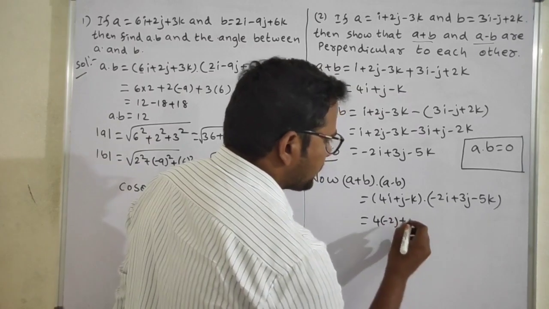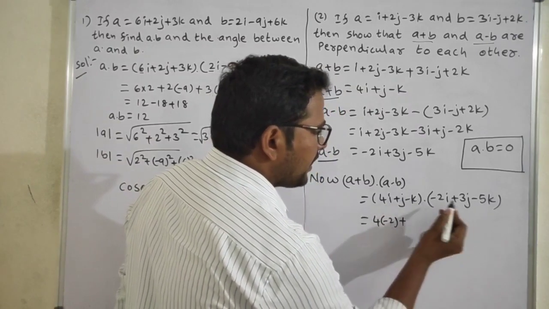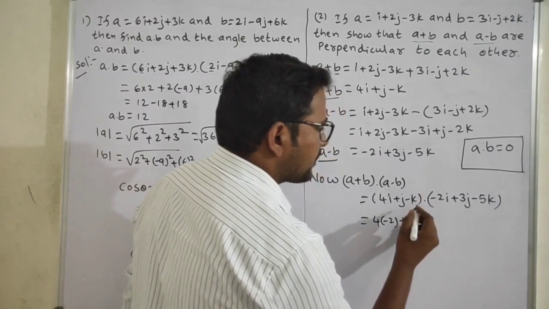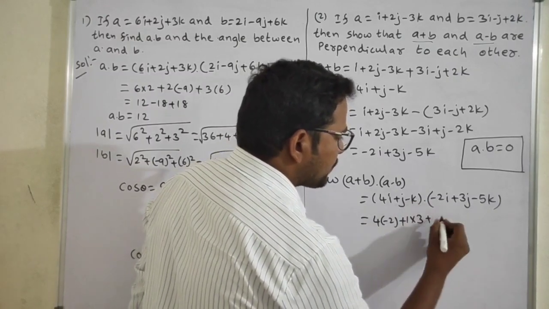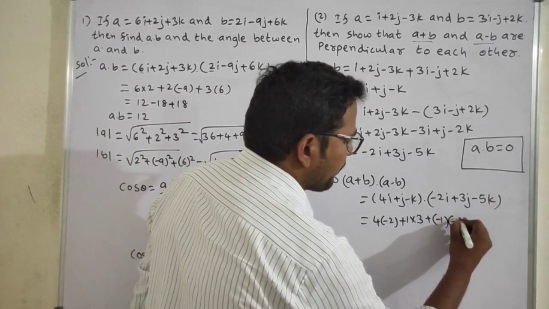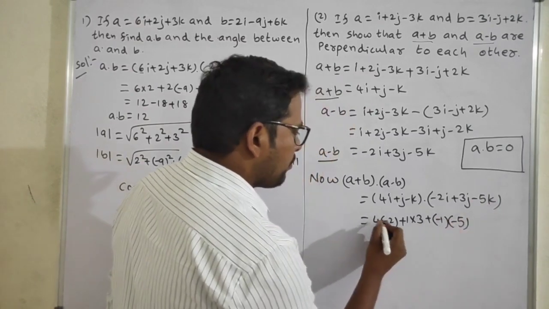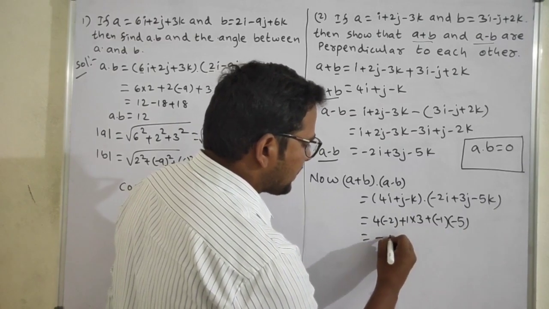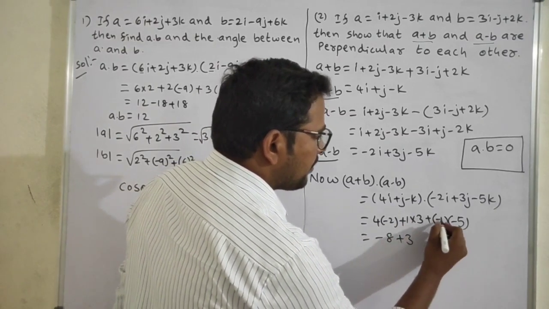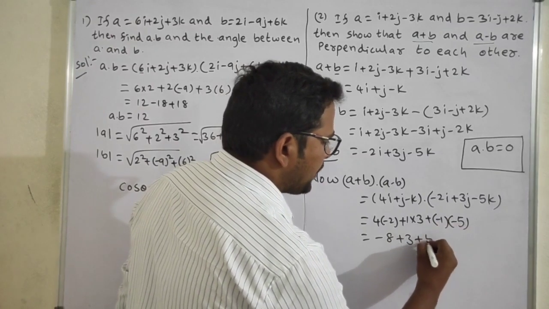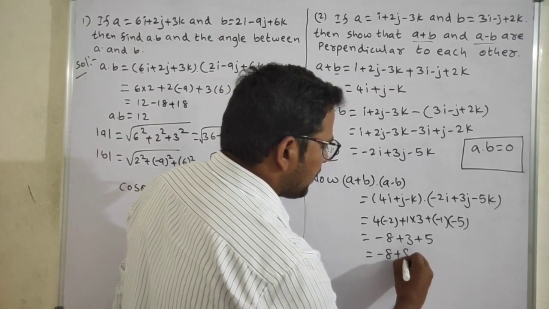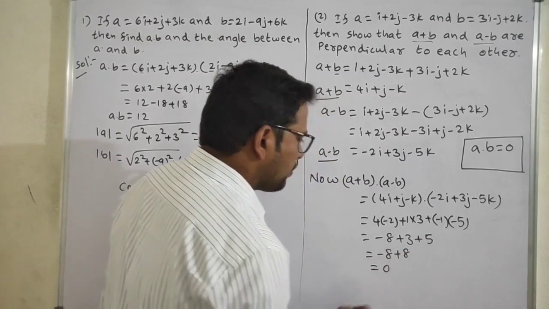Plus J coefficient 1, here J coefficient 3, so 1 into 3. Next, K coefficient minus 1, here minus 1 into K coefficient minus 5. So plus into minus, 4 twos are minus 8. 3 ones are 3. Plus minus into minus is plus 5. So minus 8, 3 plus 5 is 8. Minus 8 plus 8 is equal to 0.